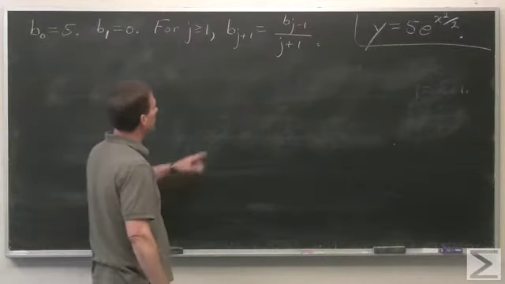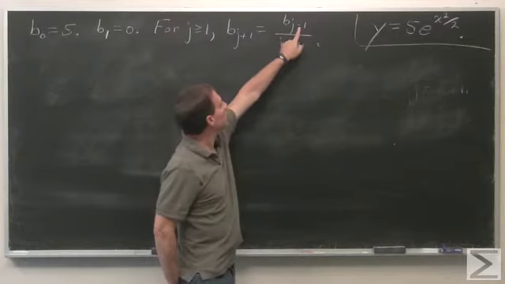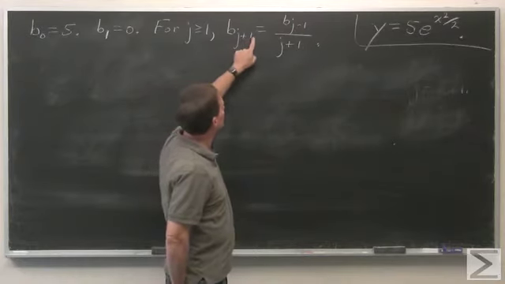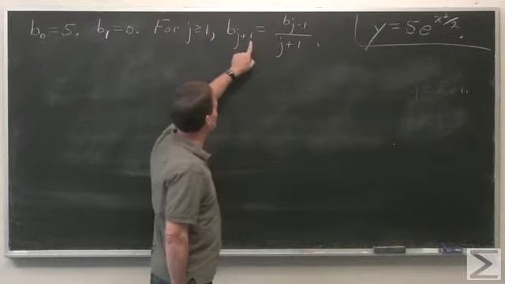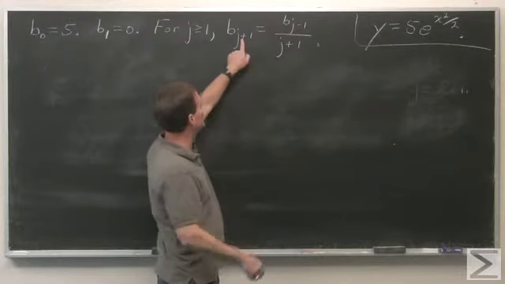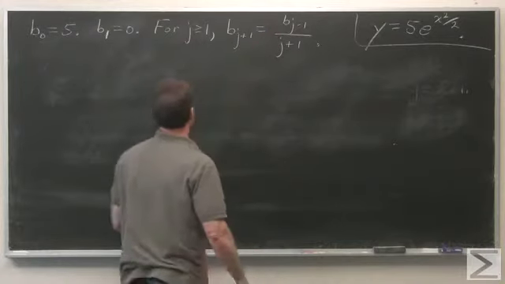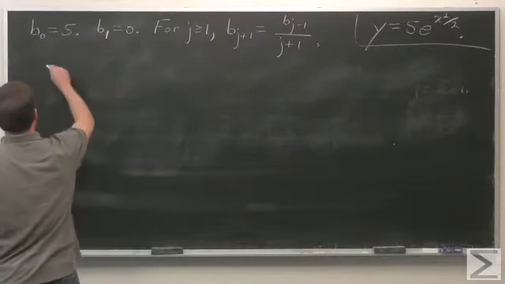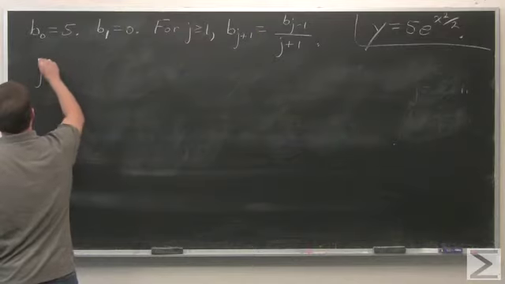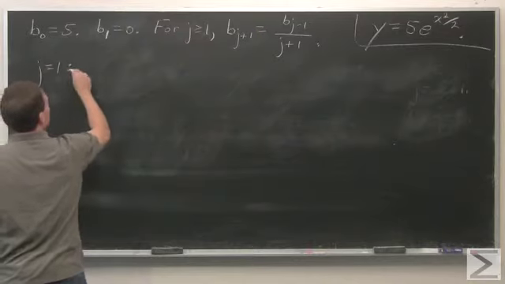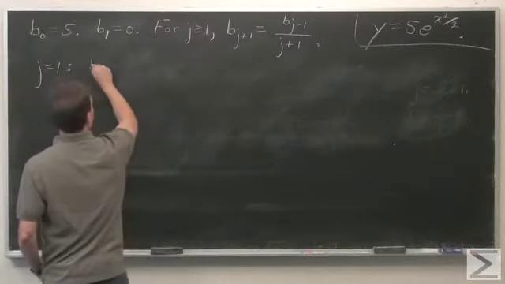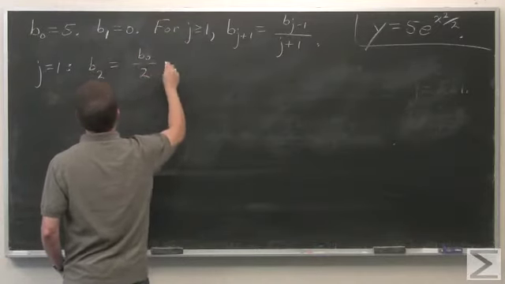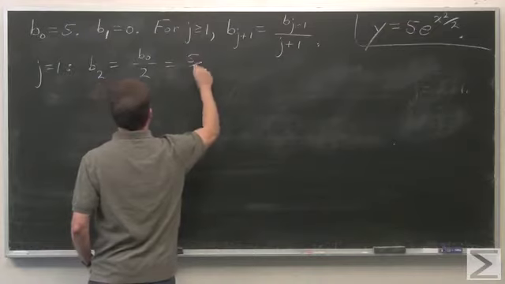So what happens here? Because this is b sub j minus 1 and b sub j plus 1, you skip terms. This tells you that you need to know what happens 2 before this one to know about this one, not 1 before it. So things kind of split up. For instance, when j is 1, this says b sub 2 equals b sub 0 over 2, so it's 5/2.